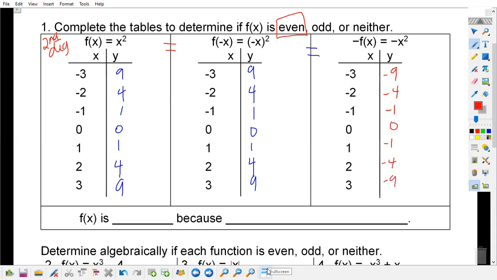Okay, so when I'm comparing the tables, I'm trying to figure out which two tables are the same. Well, the two tables that are the same are my original and my change in my x table, my -x. And because those two tables are the same, that means that this is an even function. So f of x is even, and that's because f of x equals f of -x.